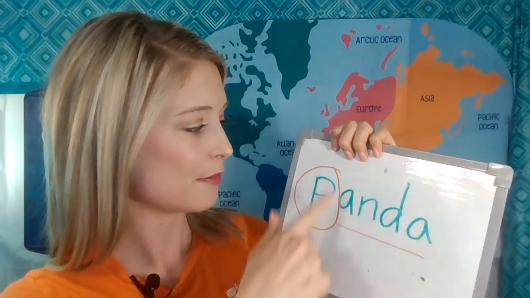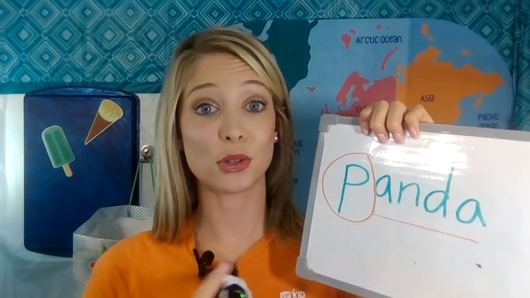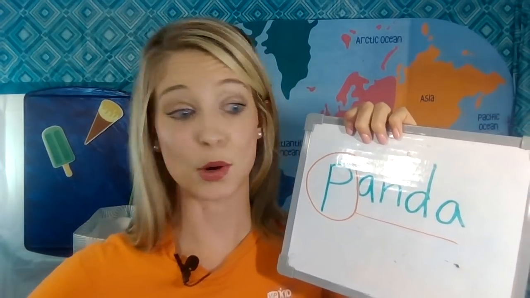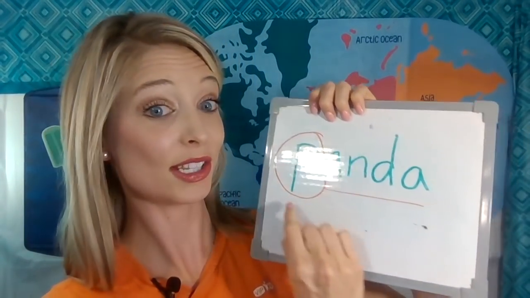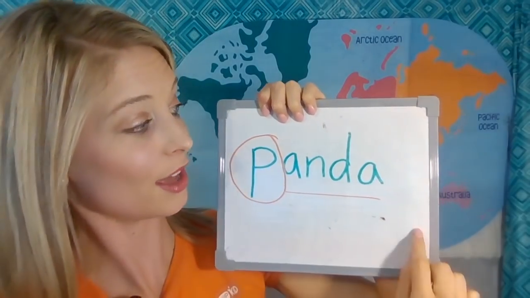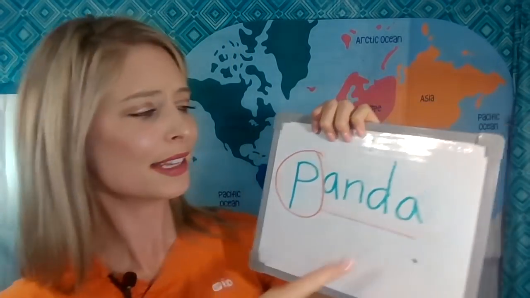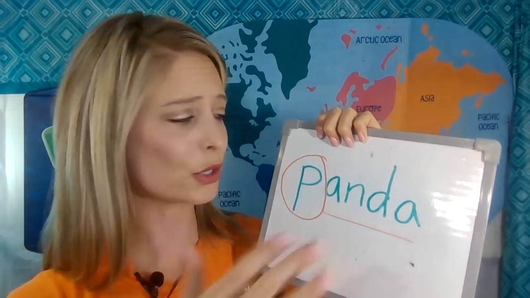And I didn't have it circled yet or underlined, but to make this clearer to my student, I go, panda starts with P, right? Panda starts with P. And this is something that Nava and I like to do. You definitely don't have to draw it out, but starts with, it's like, oh, starts with, like that. They can tell that's the first letter, right? Okay, so I like to have this prop as well. And I like to do it the same way with the next couple slides too.